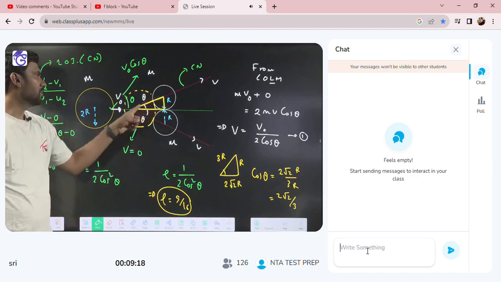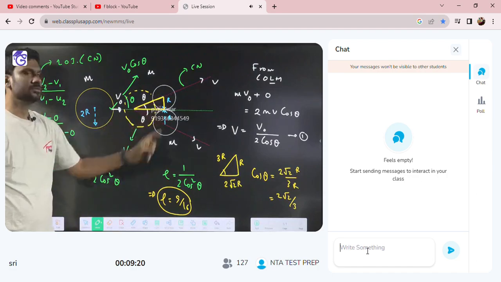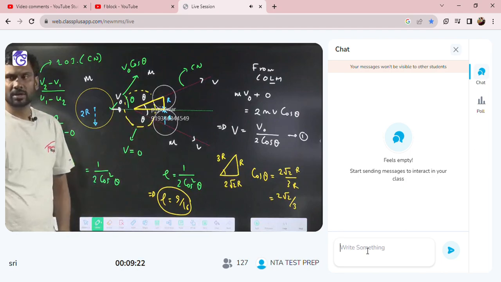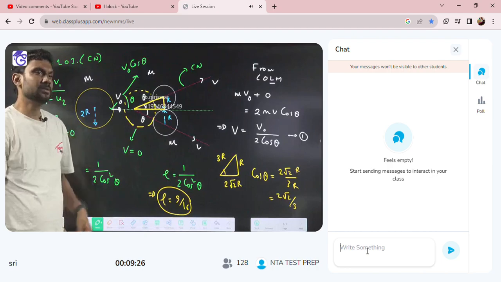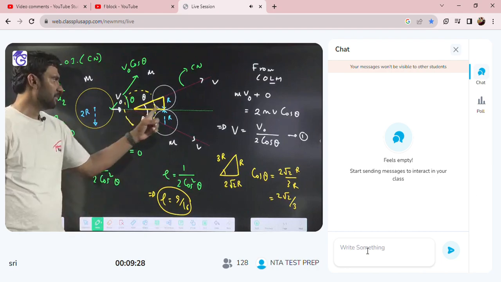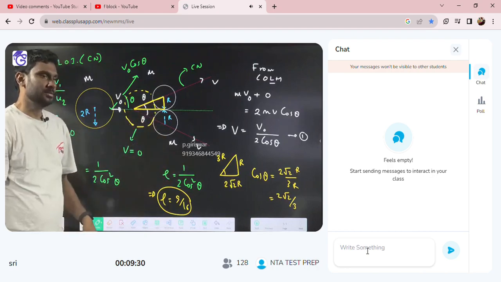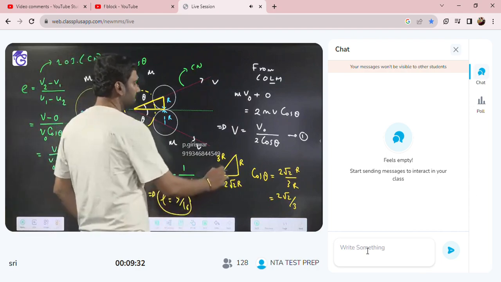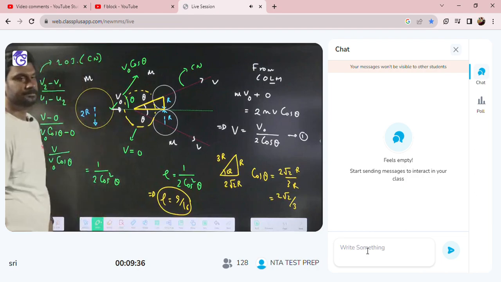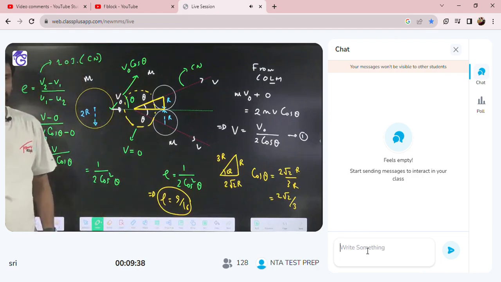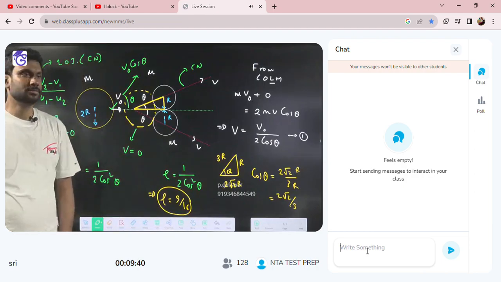This is the hypotenuse. This is the perpendicular. So the square root of perpendicular square plus base square equals hypotenuse square. From there you will get the base as 2 root 2r. And then cos theta is equal to what? Cos theta is base by hypotenuse. Right? Okay.